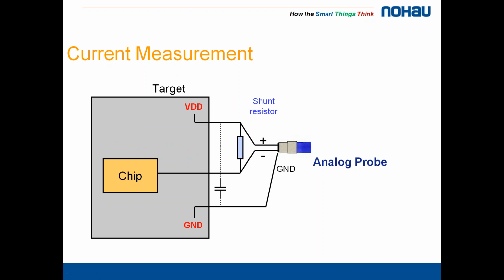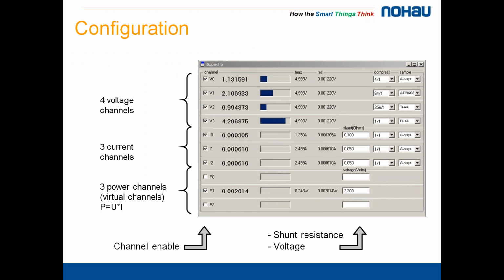However, what I think is the best solution, and the solution that I'm using today, is that I have built an external adapter which holds my shunt resistor. So measuring again VDD and into the chip and then ground. So once I have connected the analog probe to my target and to the Lauterbach, I need to configure and tell which channels I would like to use.